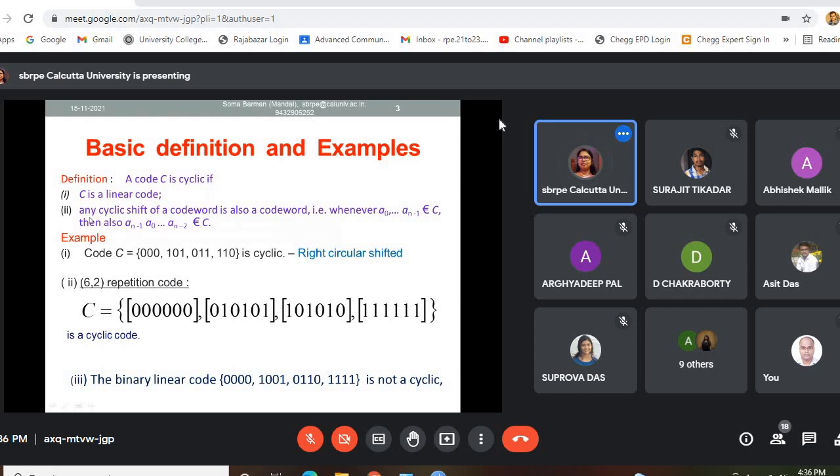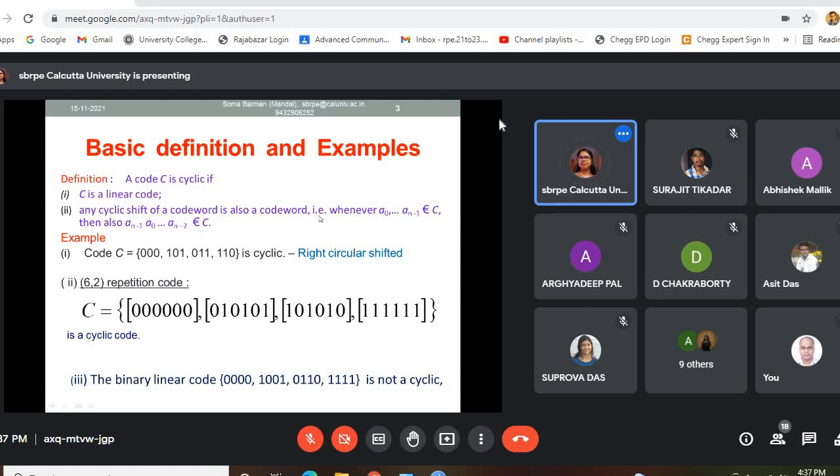And any cyclic shift of a code word is also a code word. So these two properties should be maintained when you design a code. If the properties are maintained, obviously your code is a cyclic code.